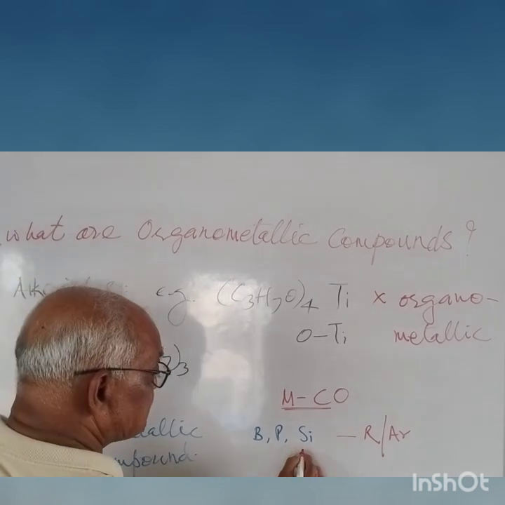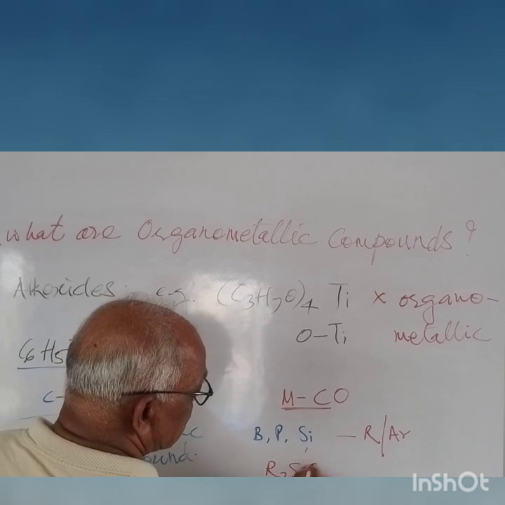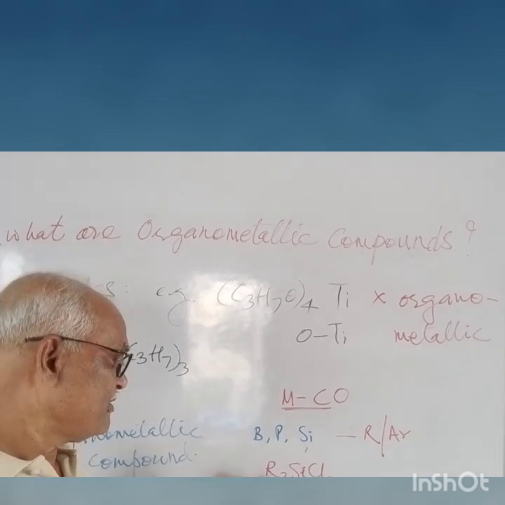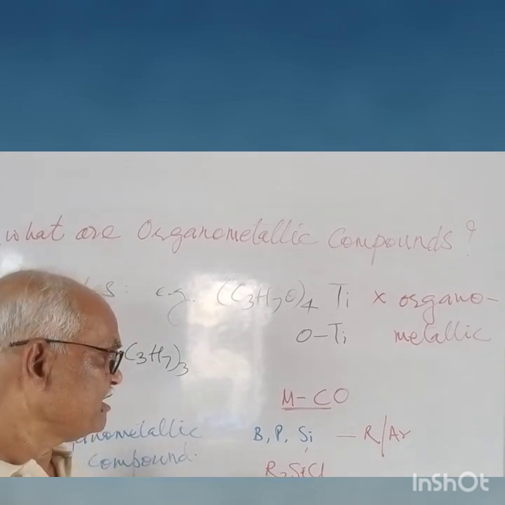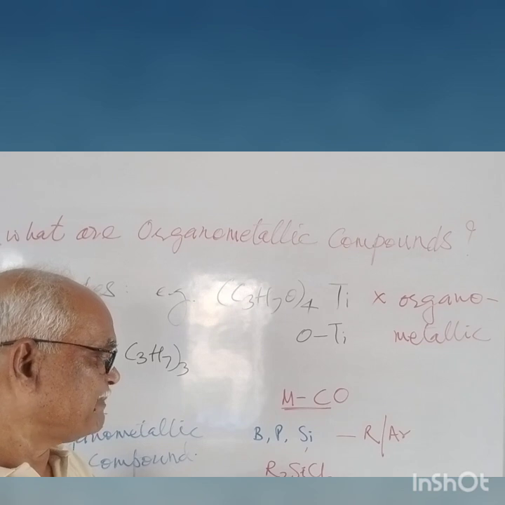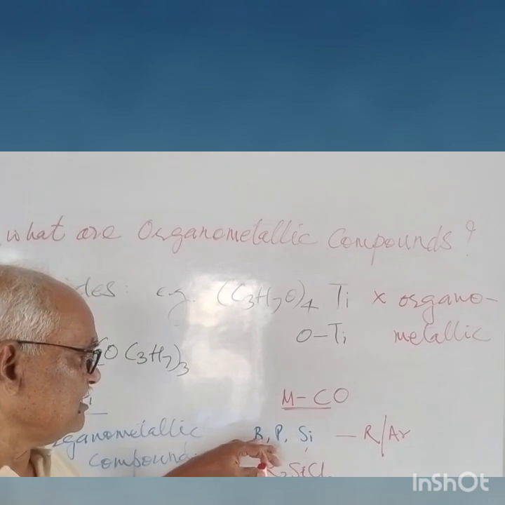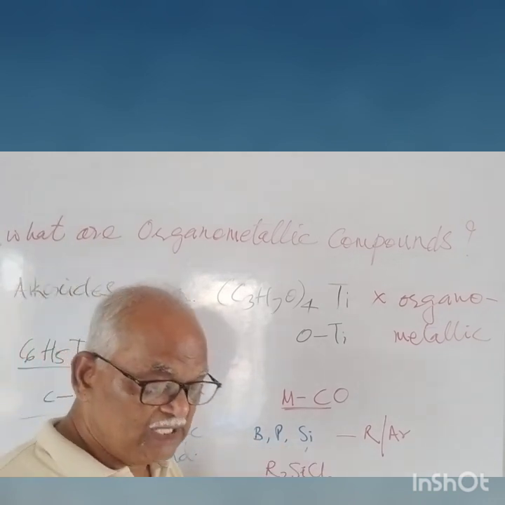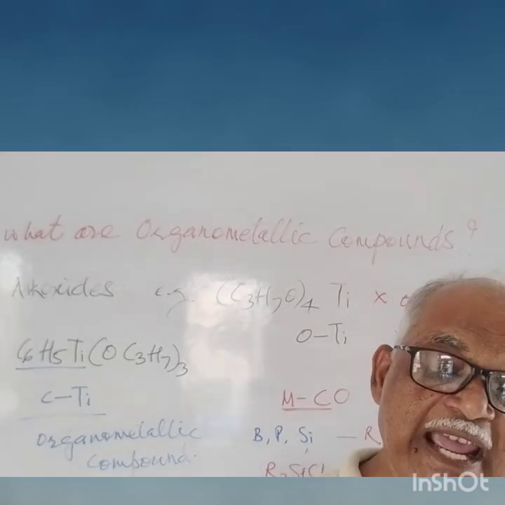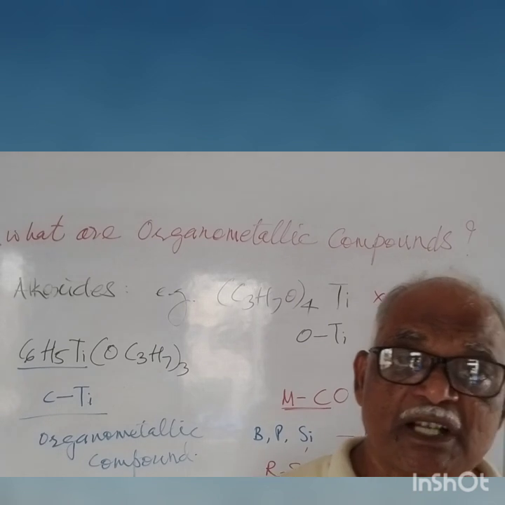For example, with silicon we can have R2SiCl2, or R3SiCl, or RSiCl3. In this way, phosphorus and boron bonds are also there. These compounds are called organometallic compounds, because the boron, phosphorus and silicon are attached to organic carbon. So this is in short about organometallic compounds.